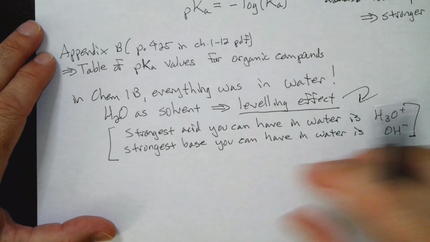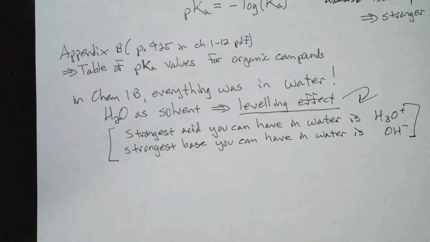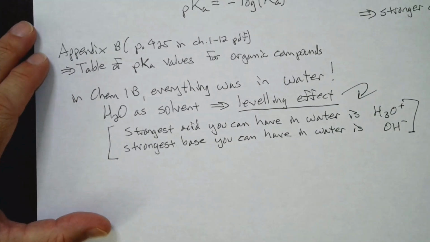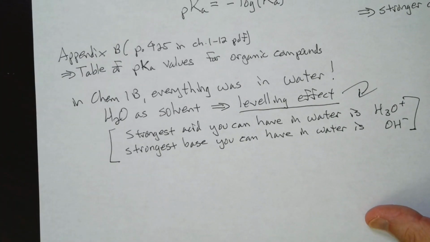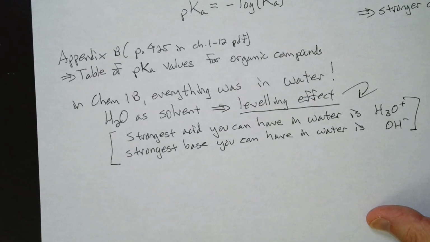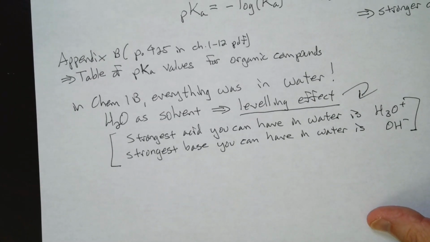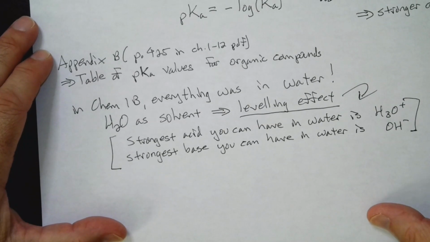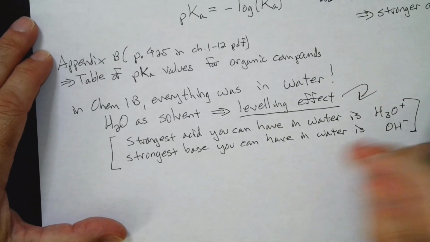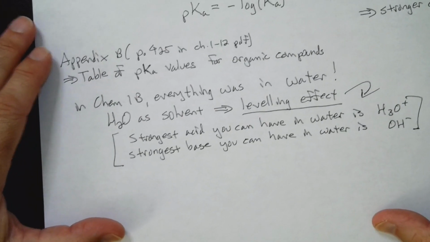Similarly with bases, if I threw in something like butyllithium, where butane has a pKa of 50 something, 40, probably around 60. So butyllithium then is a really strong base. It'll deprotonate the water, and you'll end up with butane and OH−.